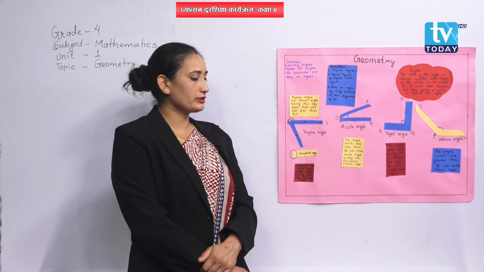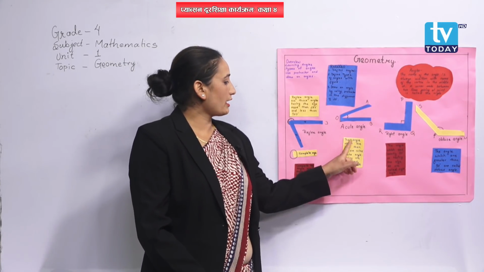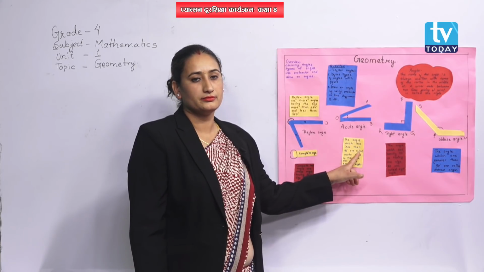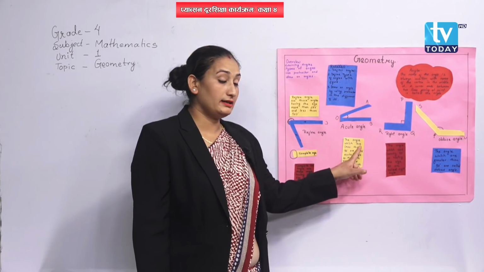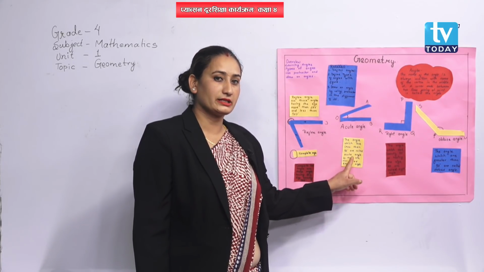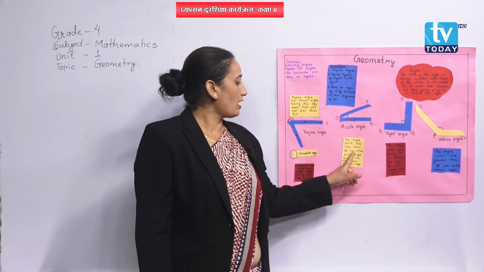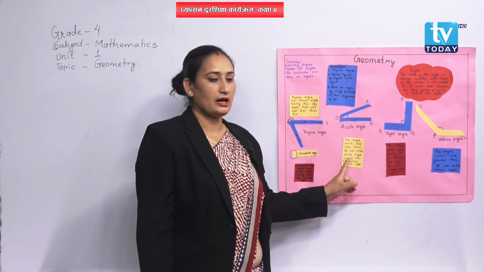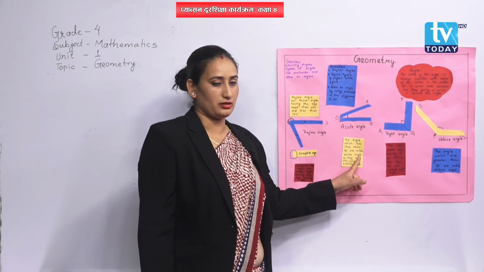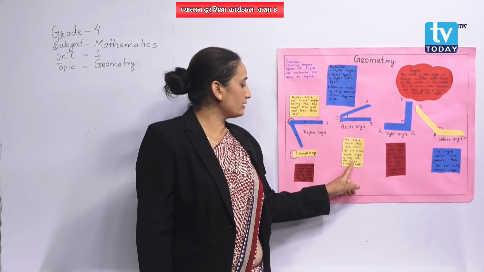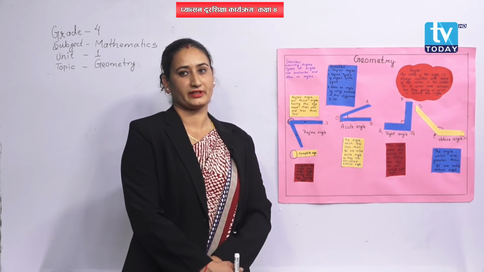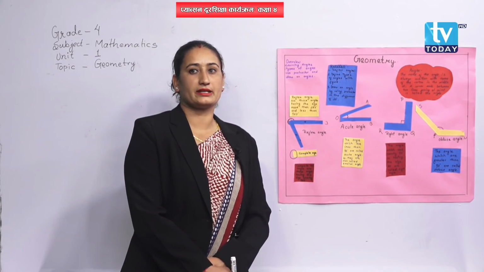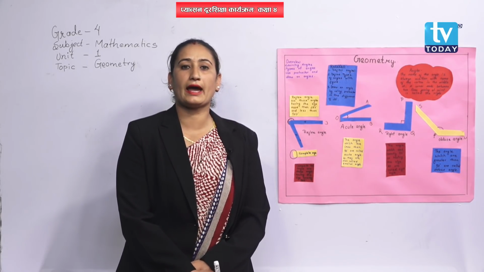The angles which are less than 90 degrees are called acute angles. So, they are also called smaller angles.